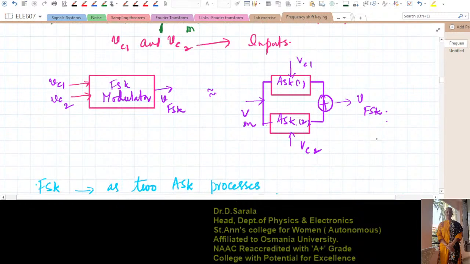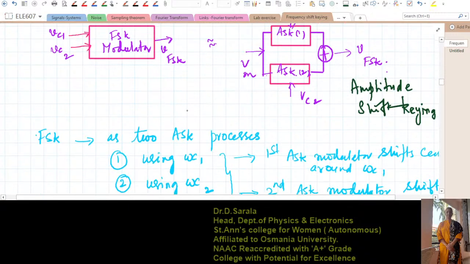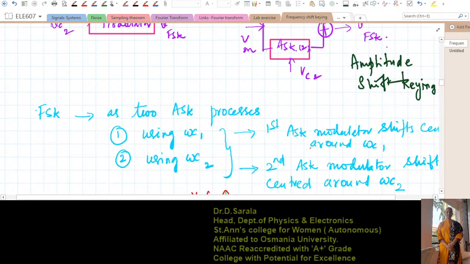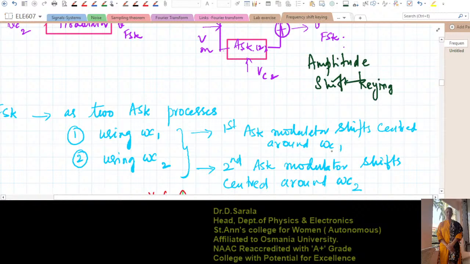Alternatively, this can also be thought of as two ASK processes. What is ASK? ASK is amplitude shift keying. So using omega C1 or omega C2, the first ASK modulator shifts the carrier centered around omega C1.